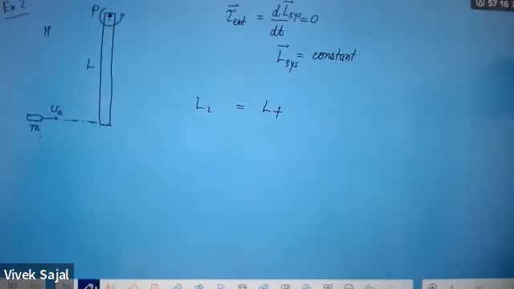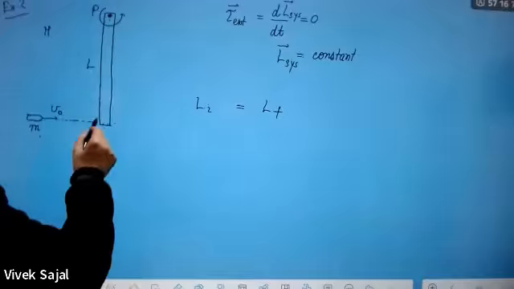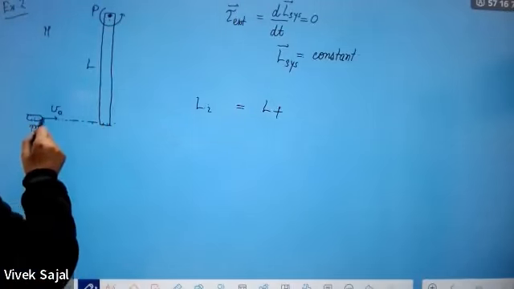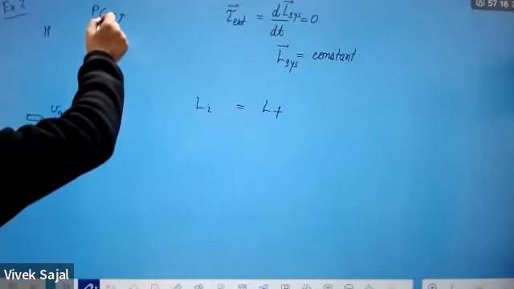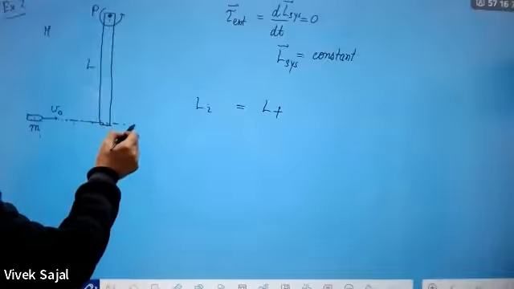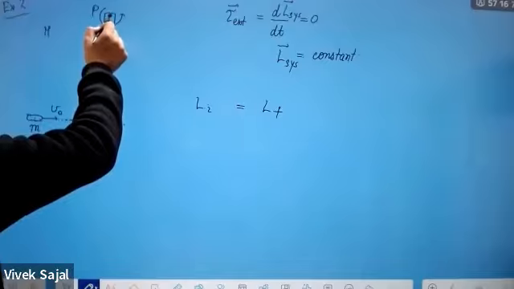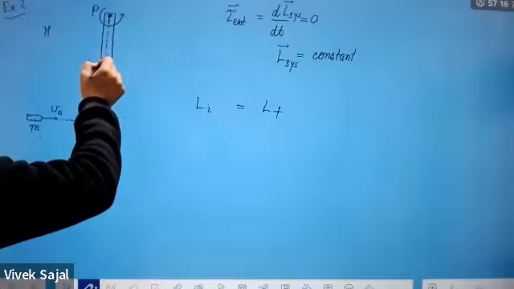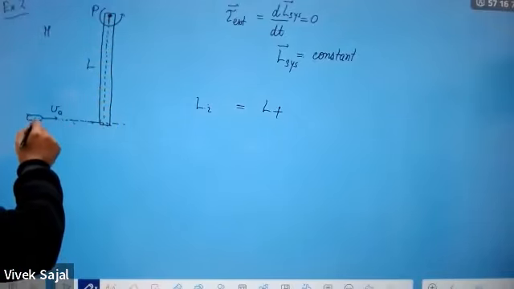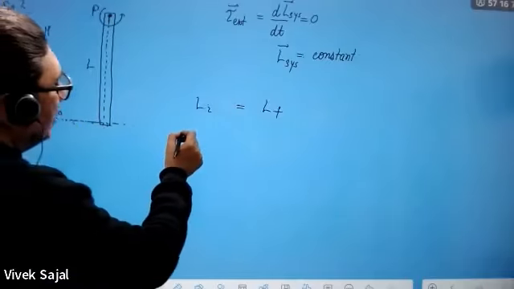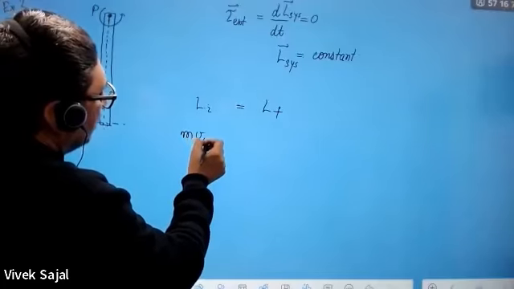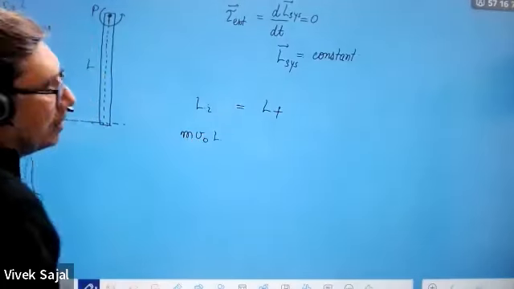What will be the angular momentum of this moving bullet with respect to this point O? This is the line of action of its motion, and if you draw a perpendicular from here to here, this is length L. So this will be simply m v naught into L.